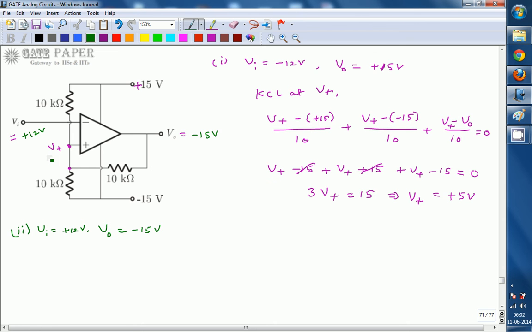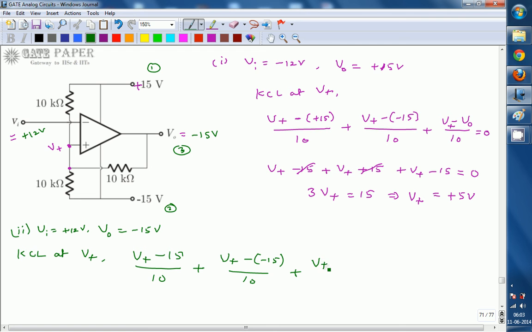Again apply KCL at the non-inverting node, that is V plus. You can write it the same way. First we will consider this one, next this one, and last the V naught. So you can write it as (V plus minus 15) divided by 10, plus (V plus minus of minus 15) divided by 10, plus (V plus minus V naught) divided by 10 is equal to 0.